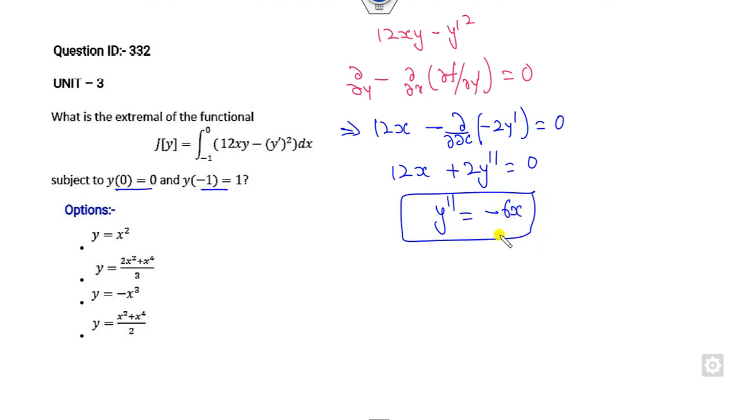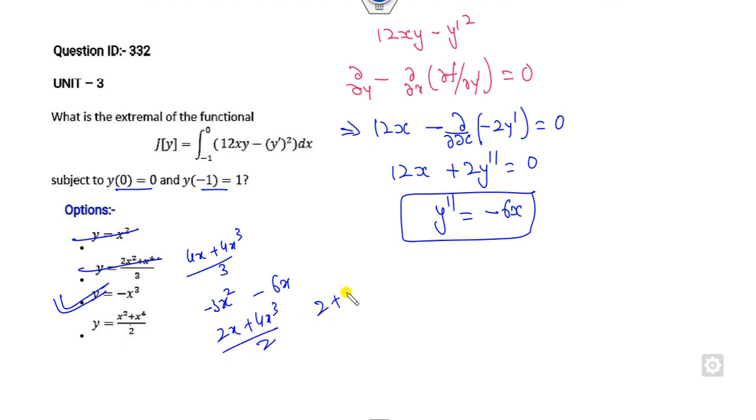Either you can apply these conditions and get the solution, but you can see that the second derivative is not 6x, so the first option is cancelled out. What is the second derivative of this? 4x plus 4x cube over 3. It is not minus 6x. x cube minus 3x square, then minus 6x. It's a correct option. 2x, 4x cube upon 2.